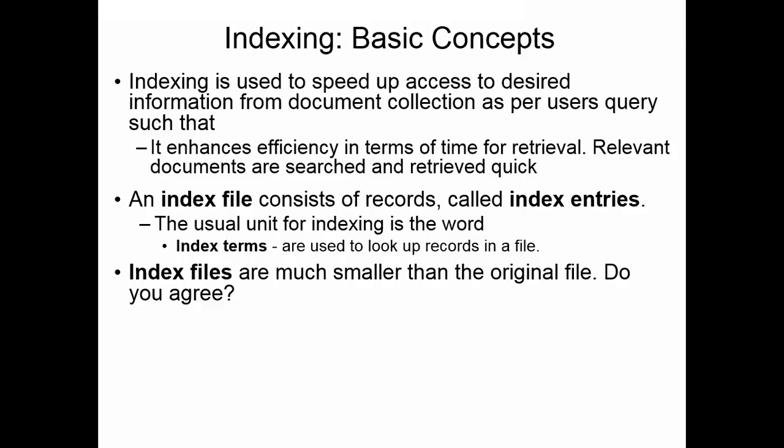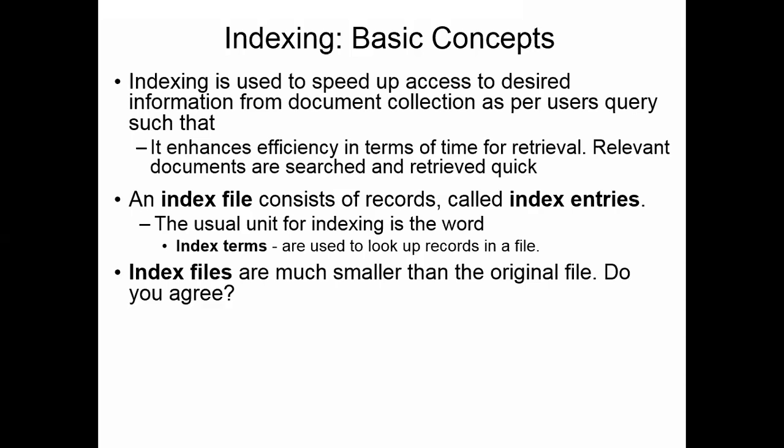Why do we need indexing? On the one hand, to organize documents systematically obtained from the reader's world, the author's world, or the producer's world. On the other hand, we need indexing to speed up searching and accessing the relevant documents and presenting them to the users accordingly.